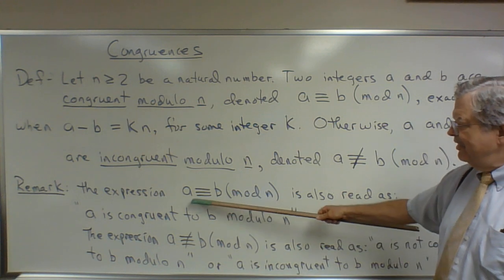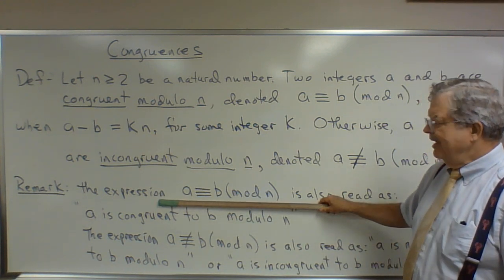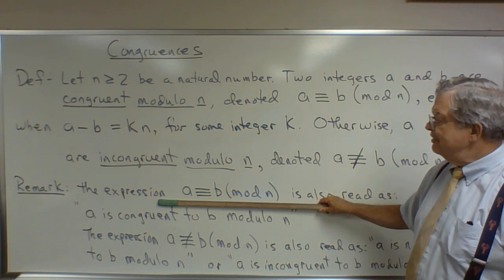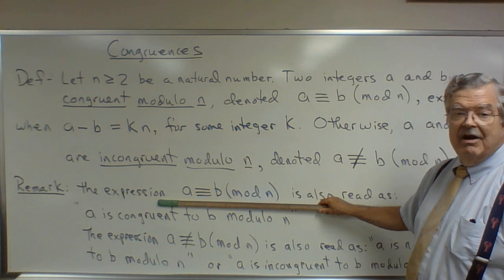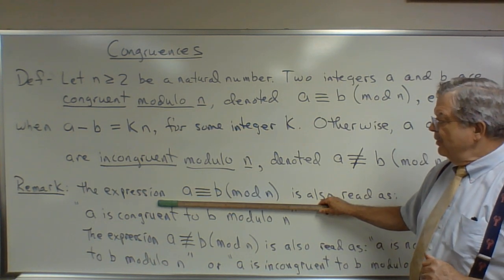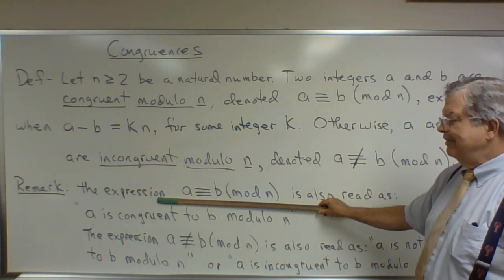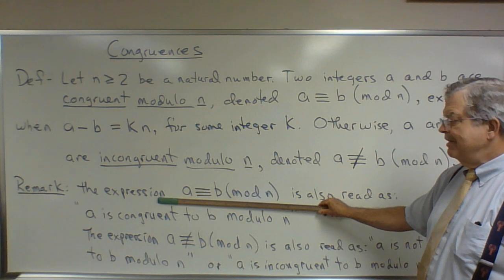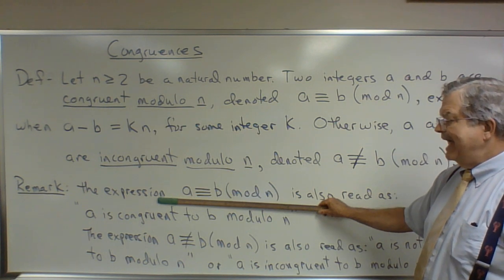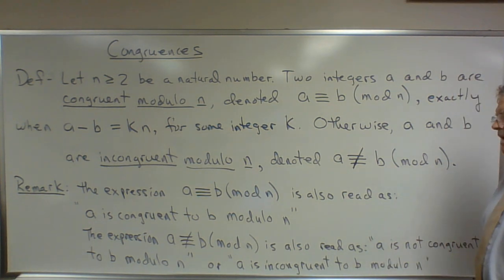So we can look at this statement right here and say a is congruent to b modulo n, or we can say a and b are congruent modulo n. We can read that either way.